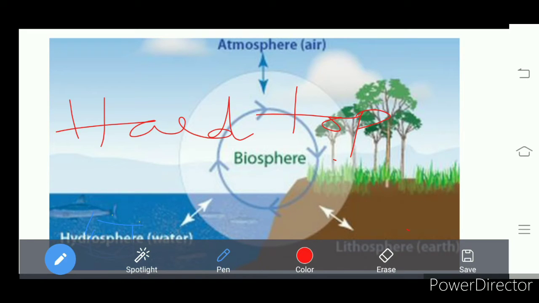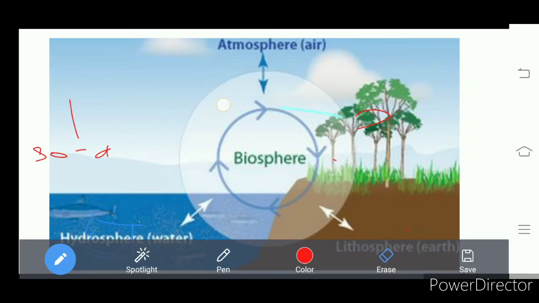Okay. It is crust. That means the solid crust of the earth's surface is lithosphere. Then how is this lithosphere? It is not smooth in all the areas.